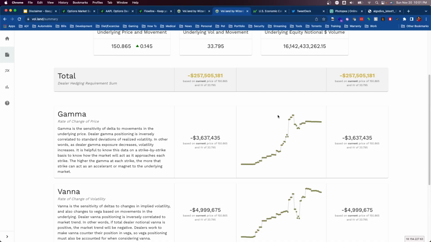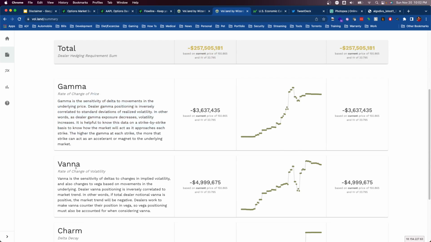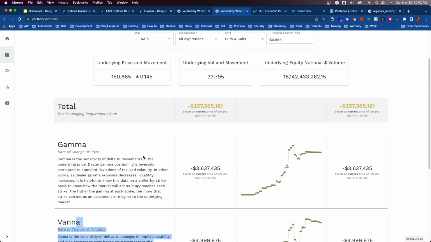So we can see that on Friday, Apple had $16 billion traded on it the whole day, just to give an idea of how much money was traded on Apple. Now that's the whole day. We can see at Apple's current price at 150.86 that market makers, in order to account for all the gamma, VANA, and charm that are current, and I've done a video about gamma, VANA, and charm regarding options Greeks and the secondary Greeks and dealer hedging and positioning.